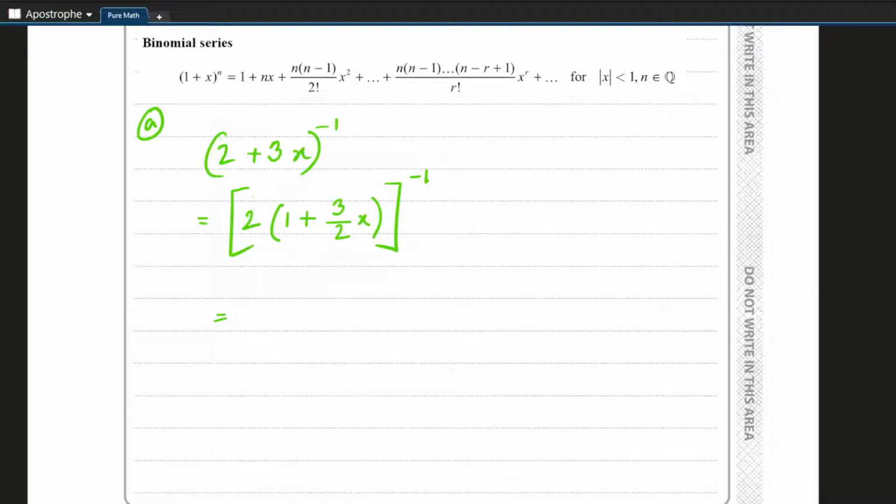Now if I remove this bracket, the power goes over this and also this. So this becomes 1 over 2, which is half, times 1 plus 3 over 2x to the power minus 1.